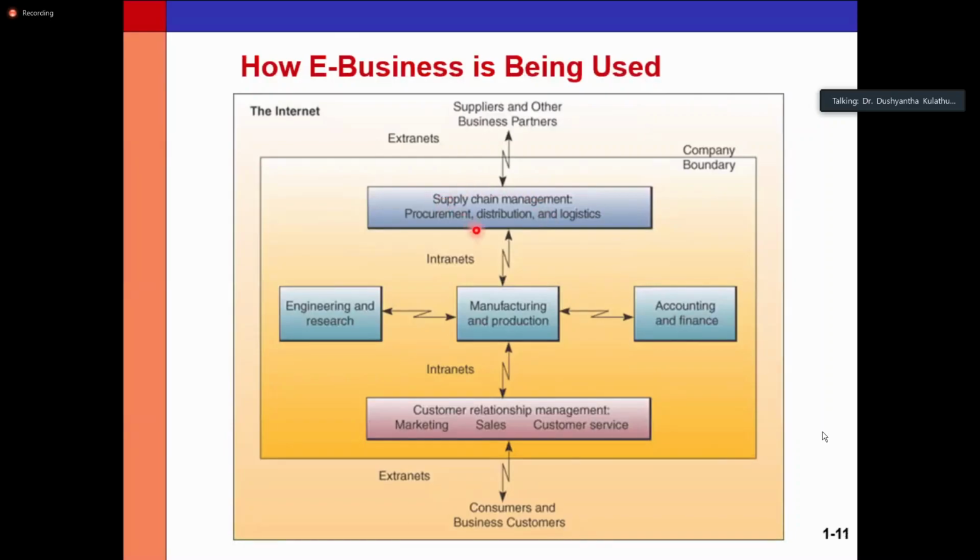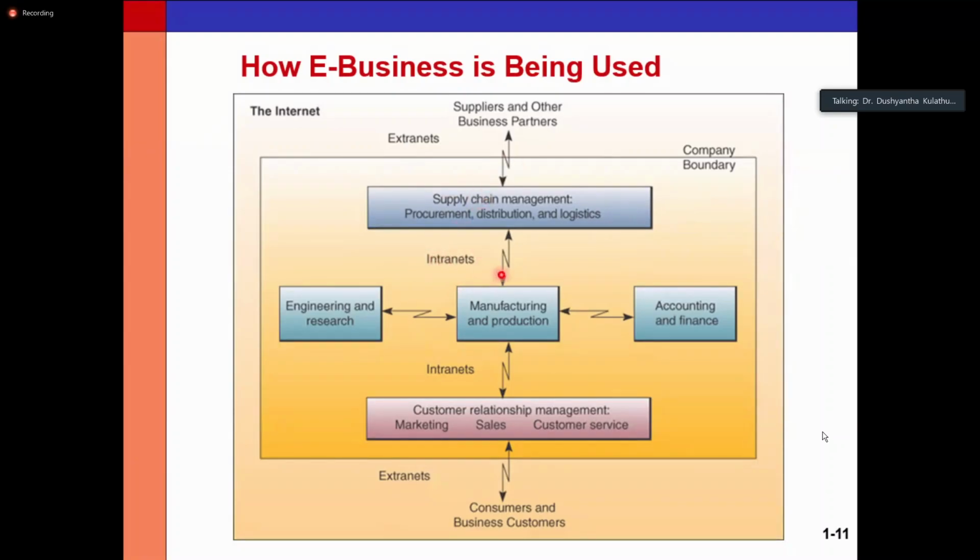There can be different types of business processes within the organization. There can be processes related to supply chain management, engineering and research, manufacturing and production, accounting and finance, customer relationship management, and so on. This is the company boundary, and within the boundary we have the particular business processes.